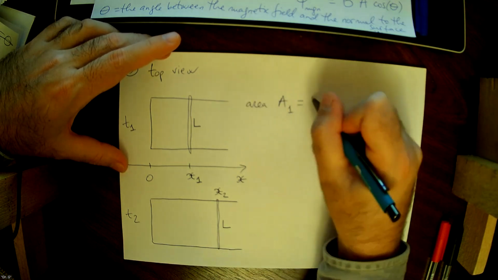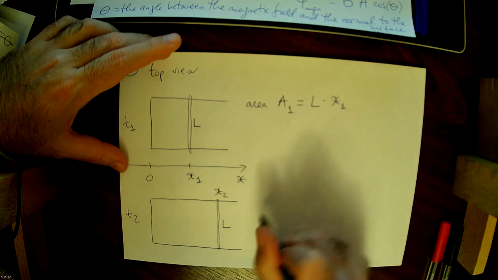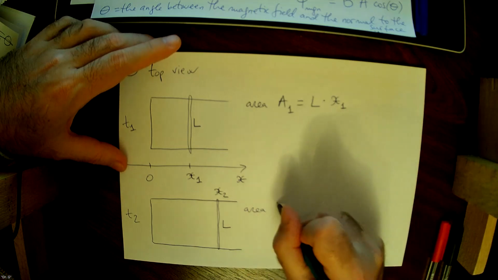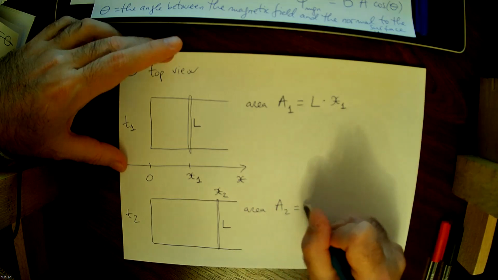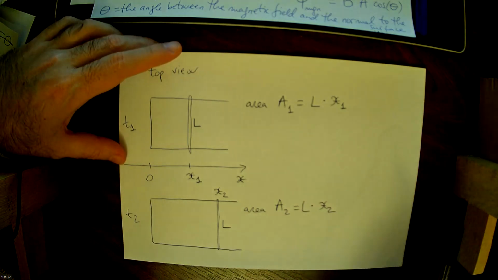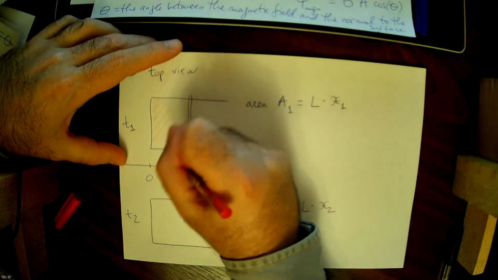A1 is L times x1. What is the area here? A2 is L times x2. Yeah? We have the area of a rectangle.